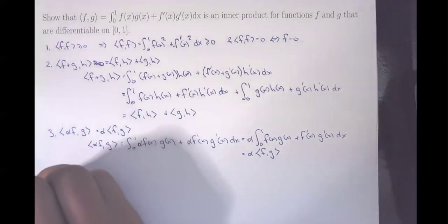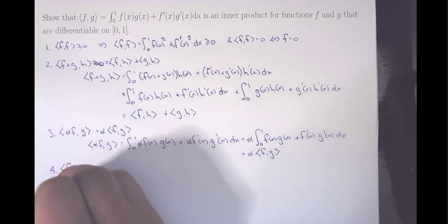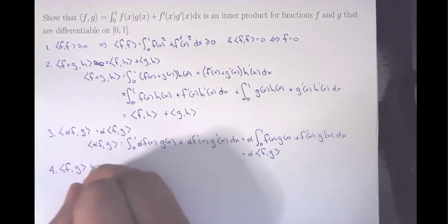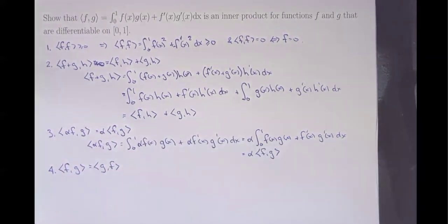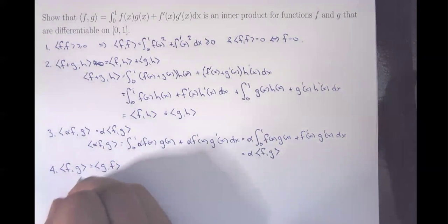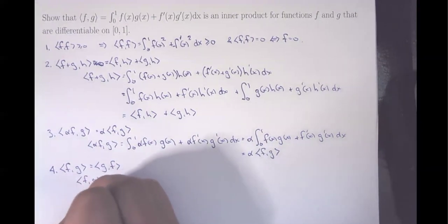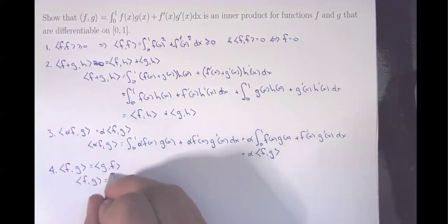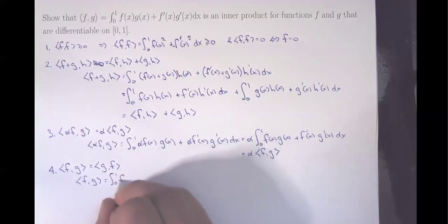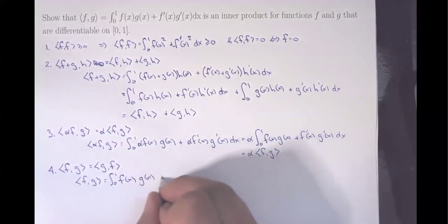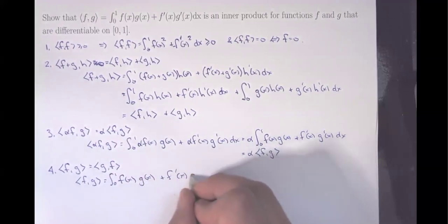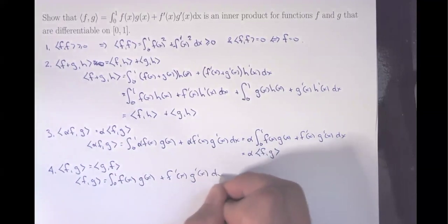Finally, we want to show that the inner product of f and g is equal to the inner product of g with f. Again, we're talking about inner products on real spaces here. So the inner product of f and g is equal to the integral from 0 to 1 of f of x g of x plus f prime of x g prime of x dx.